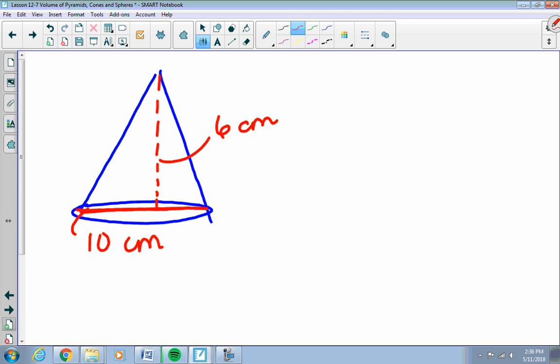Okay, so what did I do? I gave you the diameter. What do you need? Okay, so careful, because that's the first one on your homework today. Looks like something like this.